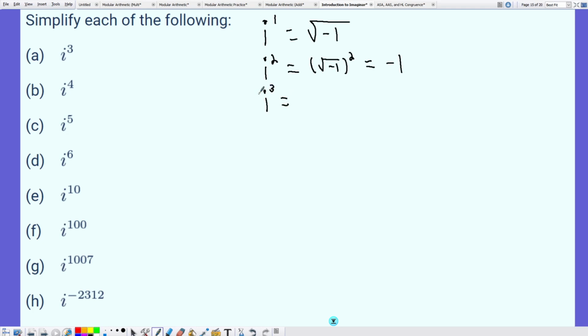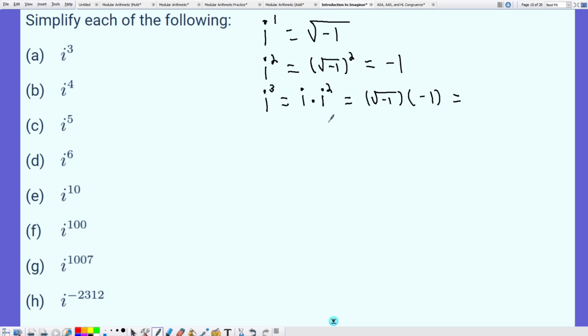We can split this up as i times i squared. i is the square root of negative 1, and i squared we already established is negative 1.